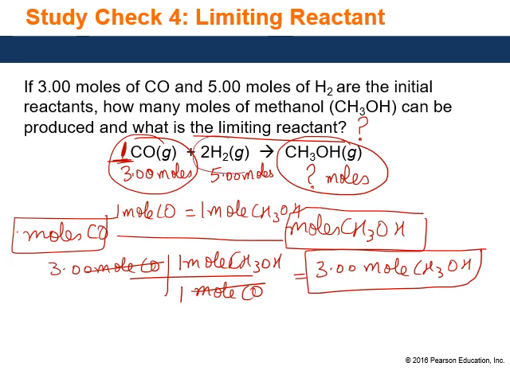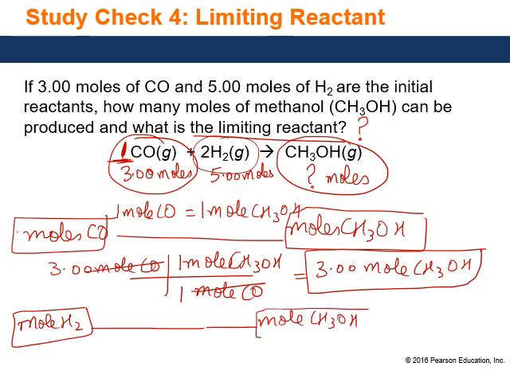Similarly, we go from hydrogen to this. Moles of hydrogen is given. Question is asking to find moles of CH3OH. My conversion factor is in the relationship right here. 2 moles of hydrogen, 1 mole of CH3OH.